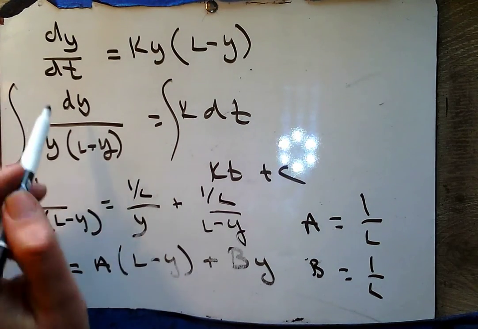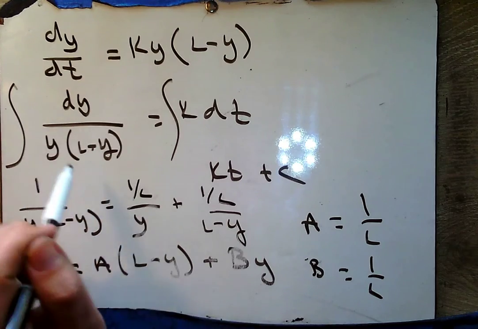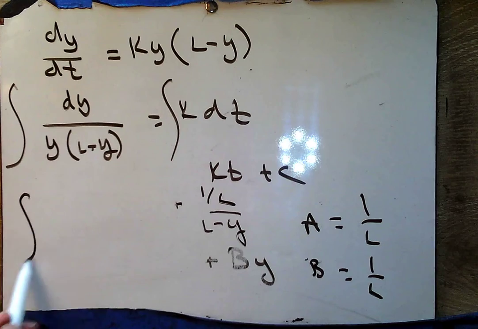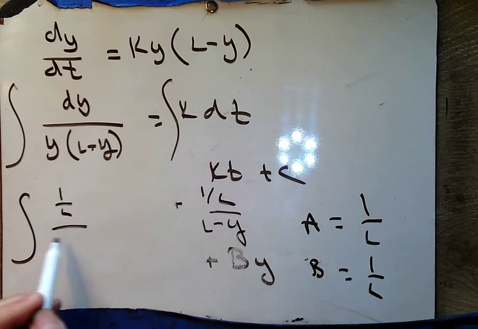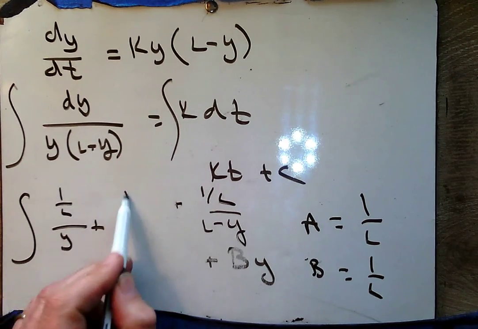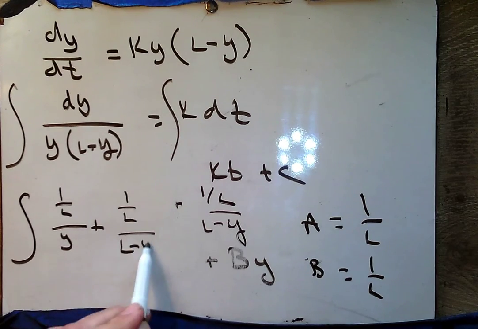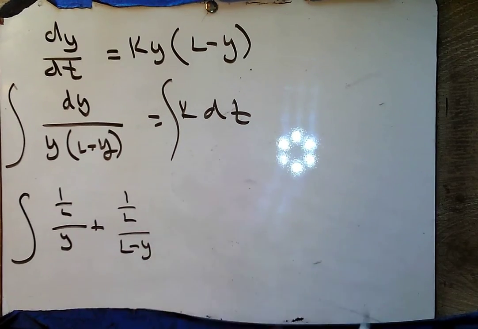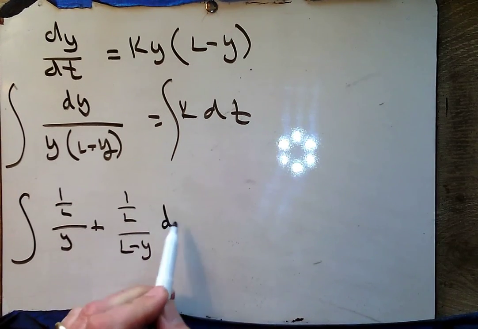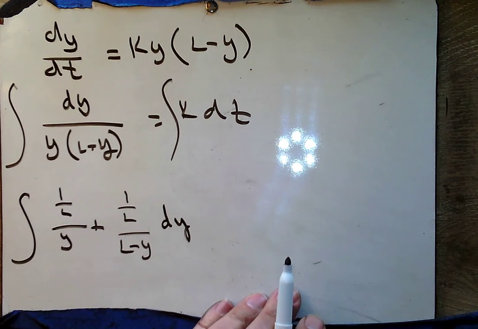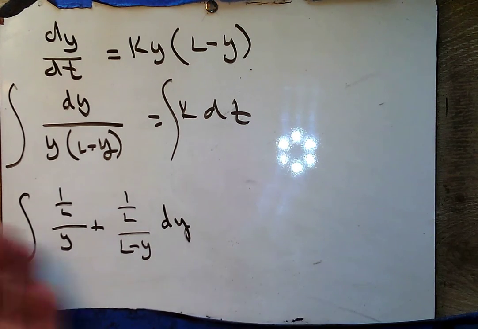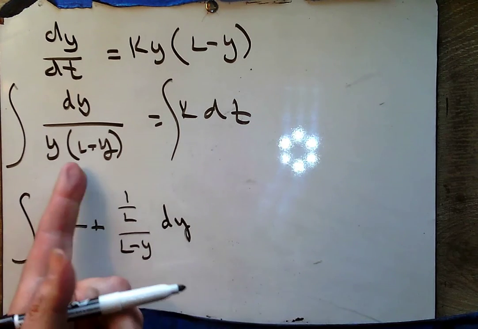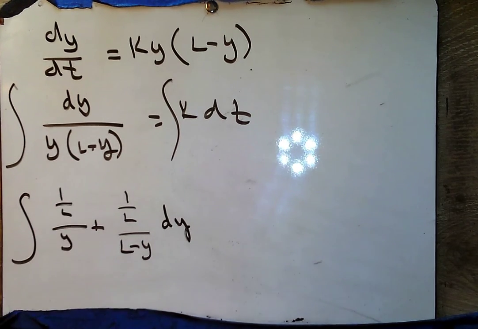Well, I'm going to now take this thing, and instead of writing it like this, I can write that as the integral of 1 over L times (1 over y plus 1 over L minus y) dy. And guess what? This is why we needed to learn partial fraction decomposition. I can't do this problem without splitting this up.